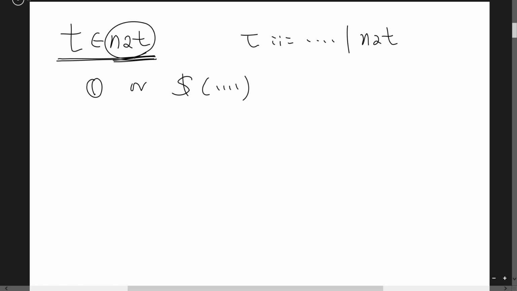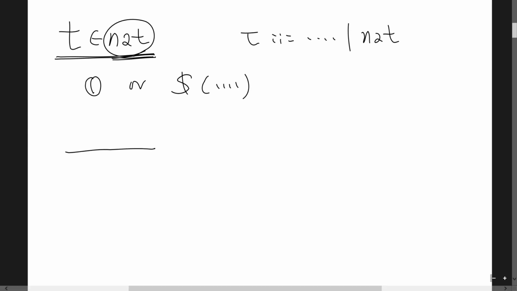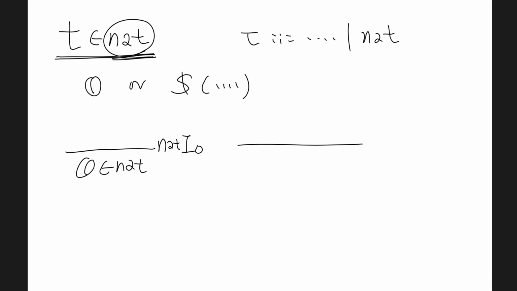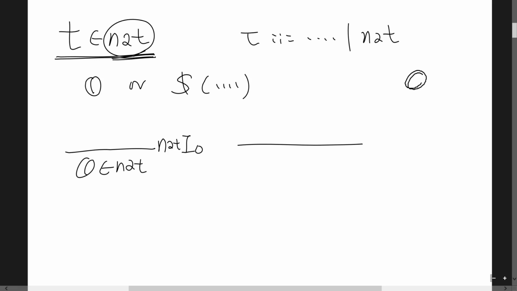So let's translate this definition into two introduction rules. First, zero is a natural number. So this could be written as nat introduction zero. And the other case is actually an inductive case in the sense that it involves something smaller. And from the property of something smaller, we derive the same property of something larger.